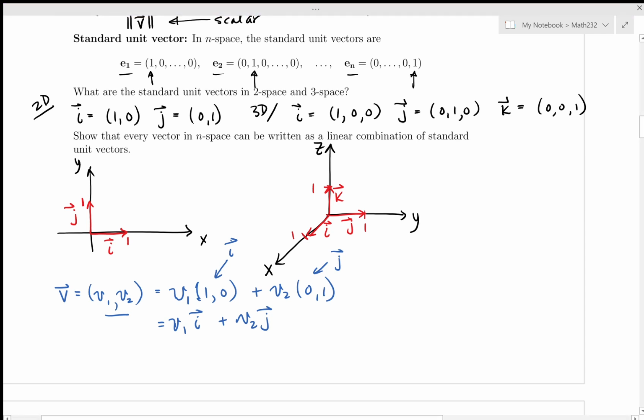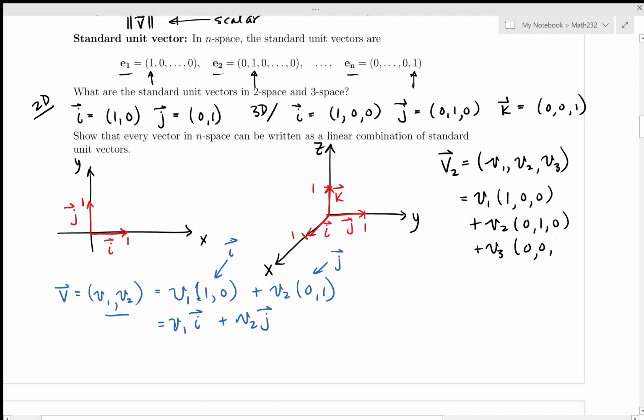Some other vector, let me just call it v, would also have some components associated with it, 3 of them, v1, v2 and v3, and I could then write this as v1 times (1, 0, 0) plus v2 times (0, 1, 0) plus v3 times (0, 0, 1). And that will allow me to write this as v1 i plus v2 j plus v3 k.